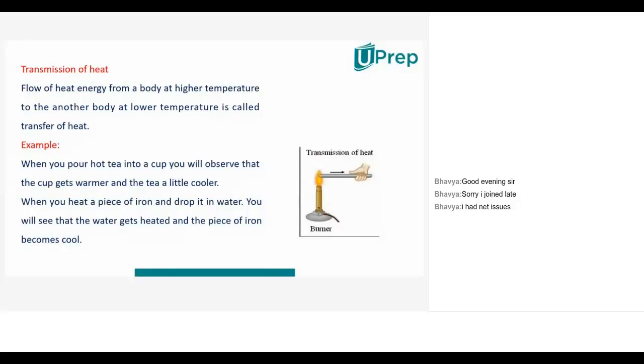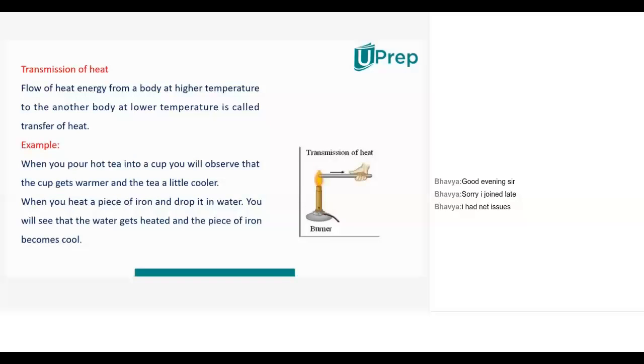When you are heating the iron rod by keeping it in a flame, whatever end is in the flame, there some particles will be there. Those particles will get heat energy first, and after getting the heat energy, that heat energy will be transferred to the other particles.